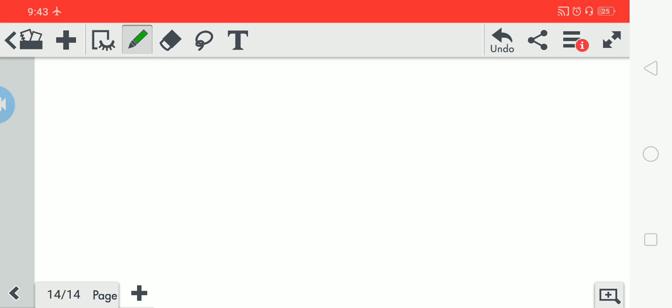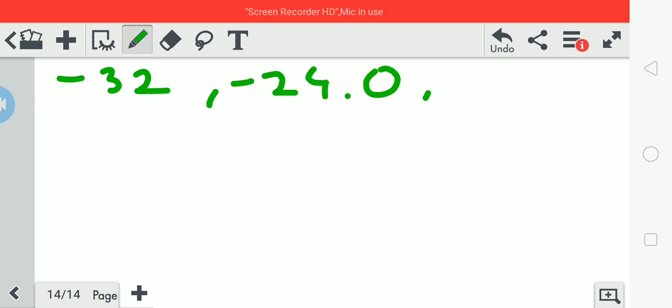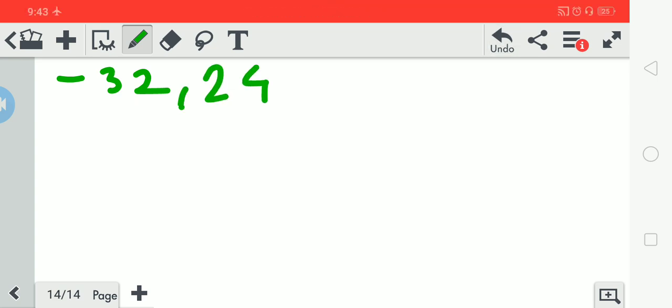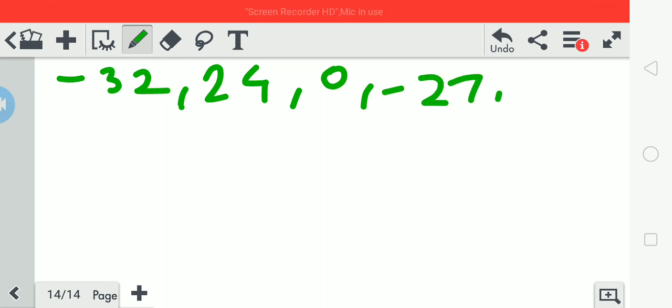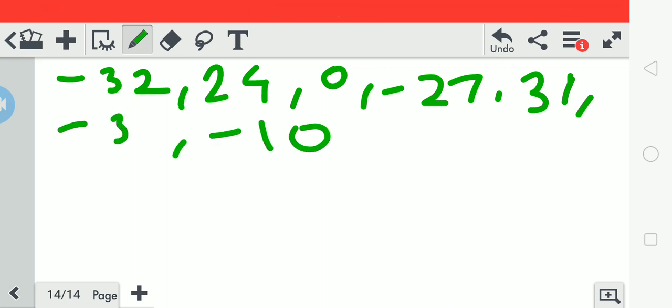The numbers given are minus 32, minus 24, 0, minus 27, sorry here is 24 only, 24, 0, minus 27, minus 31, minus 3 and minus 10, right? Numbers are minus 32, 24, 0, minus 27, minus 31, minus 3 and minus 10.